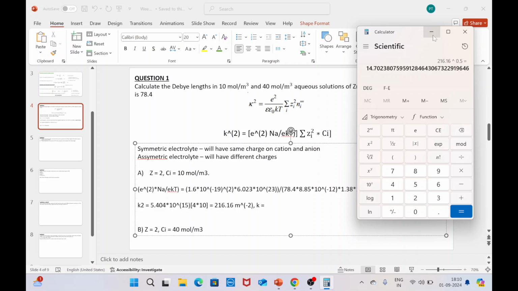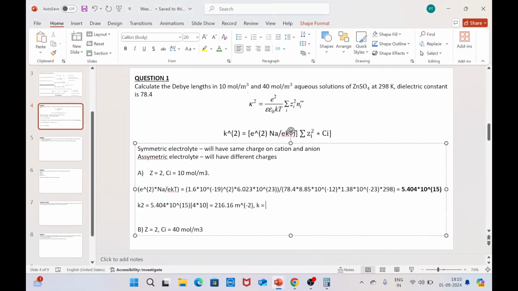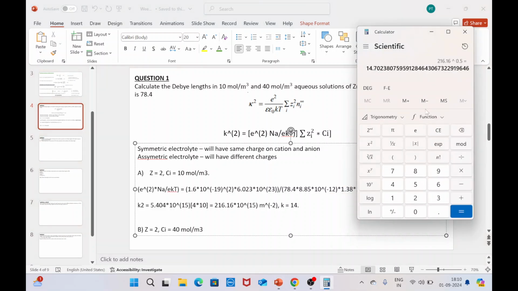Oh, here we missed a 10 power 15 factor, so the kappa value will be different.